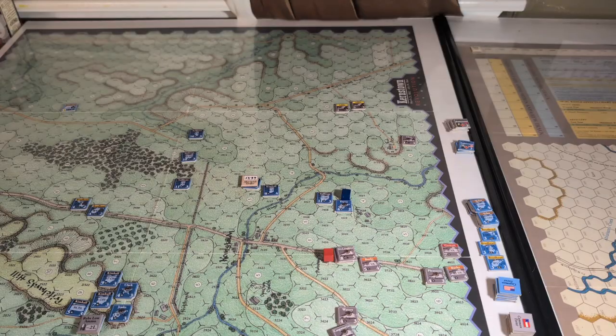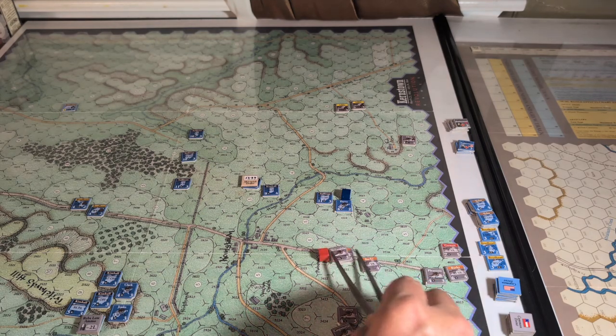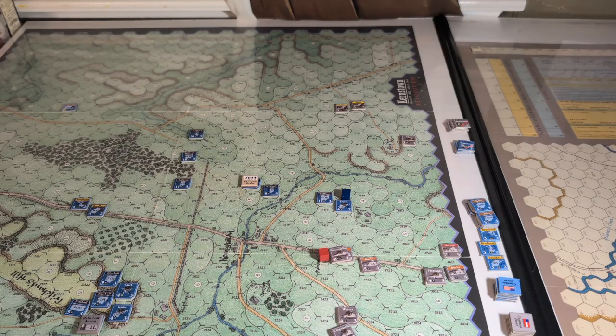Right there. So we've got range of 1, 2, 3. He's rifled. That's effective. Let's see here.